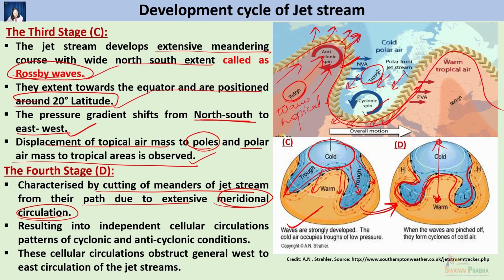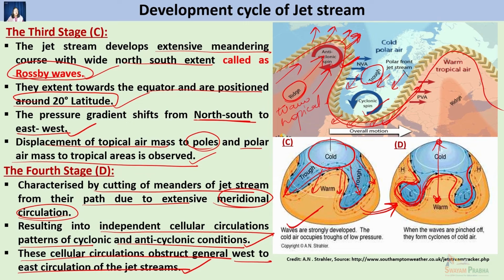This results in independent cellular circulation patterns of cyclonic and anticyclonic conditions, depending upon whether it's a low pressure system or a high pressure system. And these cellular circulations obstruct the general west to east circulation of the jet stream.